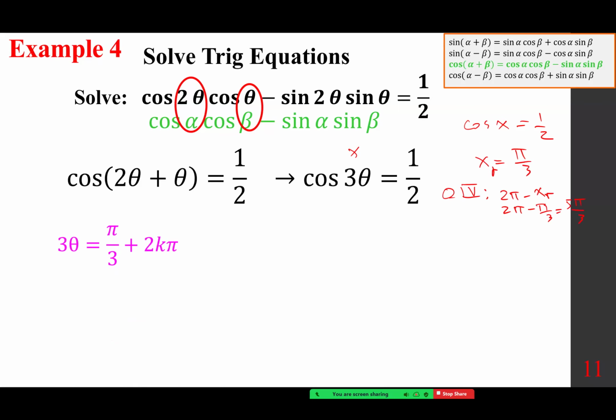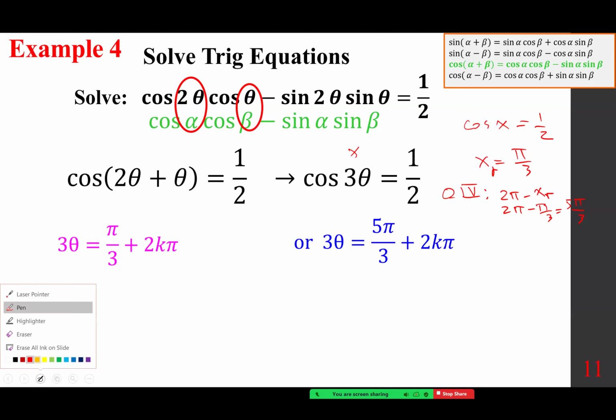So 3 theta is pi over 3 plus 2k pi. Also 5 pi over 3 plus 2k pi. Remember, whenever you have multiple angles, you have to write in this format. You're going to divide by 3. So if I divide by 3, I get theta. This becomes pi over 9. This becomes 2k pi over 3.